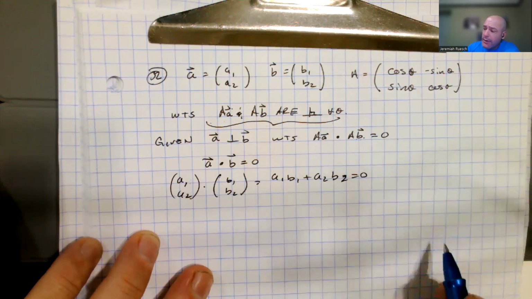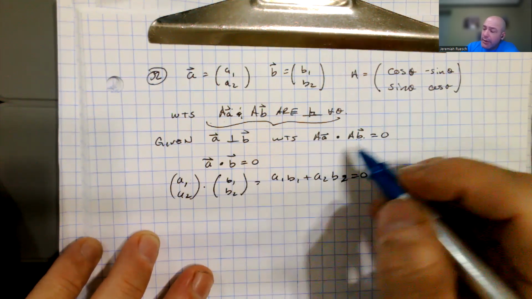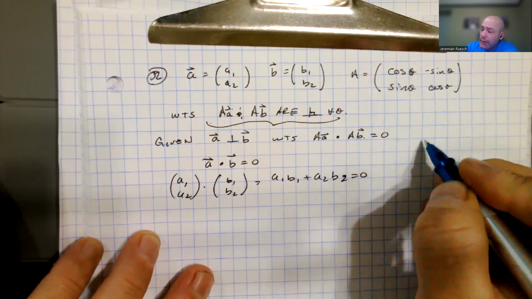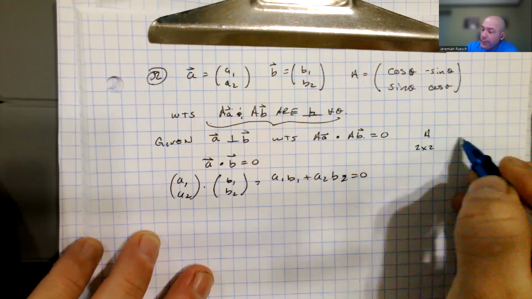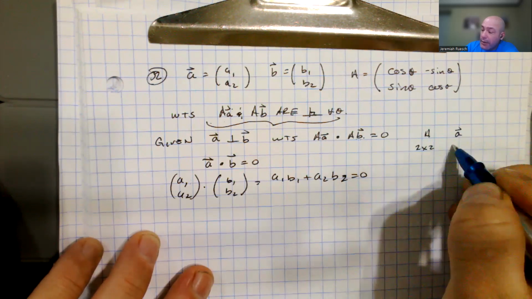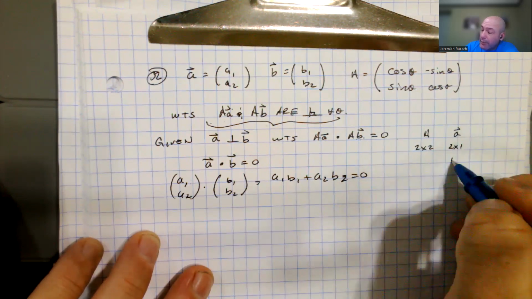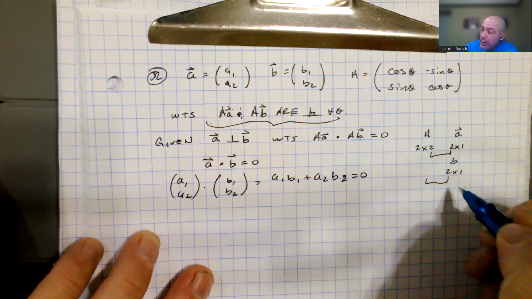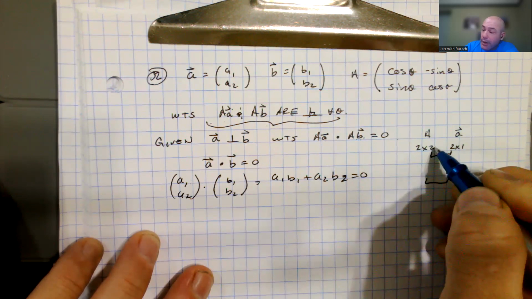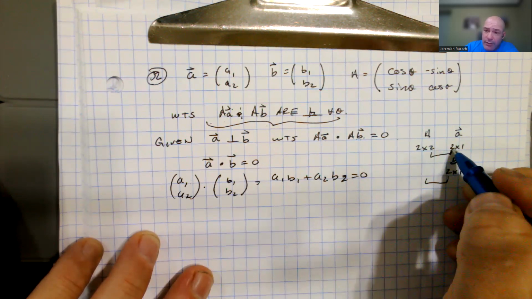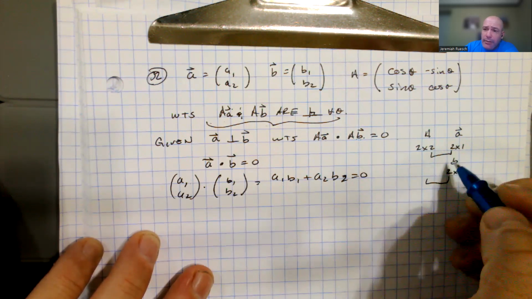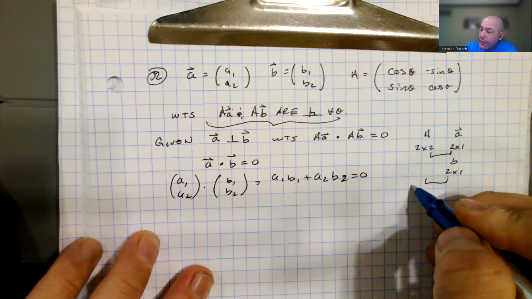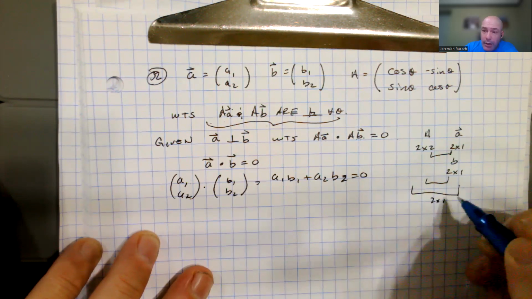A couple of things to note: this matrix is a square matrix. So A is a 2 by 2 matrix, and we're multiplying it by vector A, which is 2 by 1, and vector B, which is also 2 by 1. The number of columns of the matrix matches the number of rows of both A and B, and so the multiplication is well defined, and both situations are going to produce a 2 by 1 column vector.